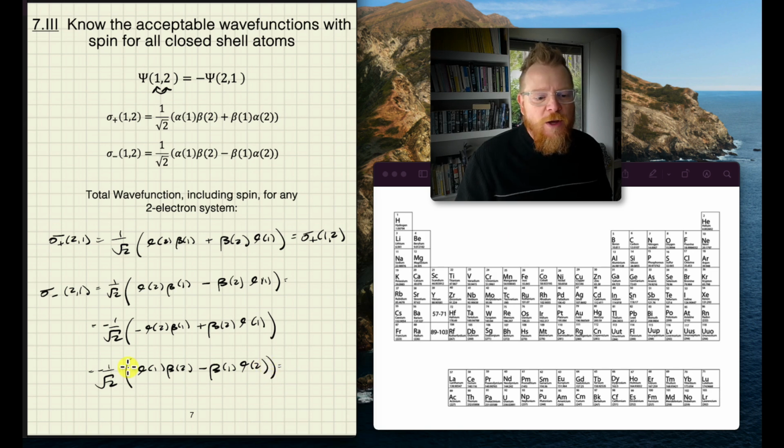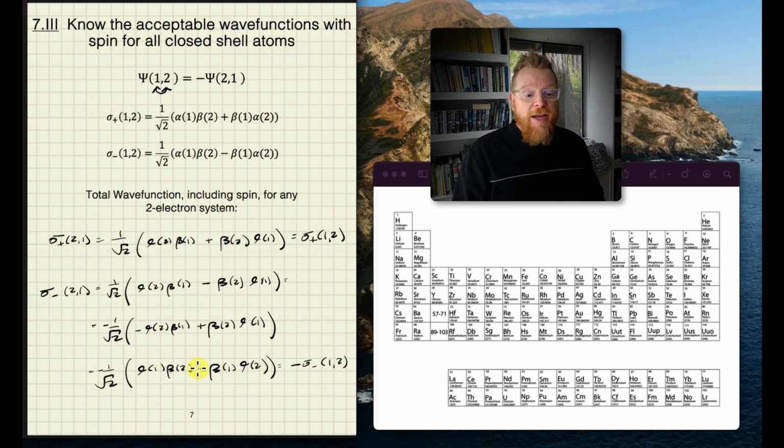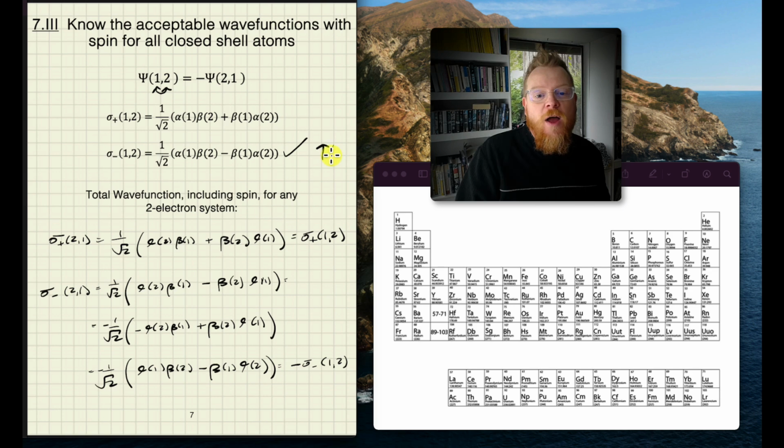And hopefully what you can see, what we ended up with now is just negative sigma minus 1, 2, right? There it is. There's the sigma minus 1, 2 state with a negative sign in front. So what this means now is this sigma minus state is acceptable to describe a pair of electrons.